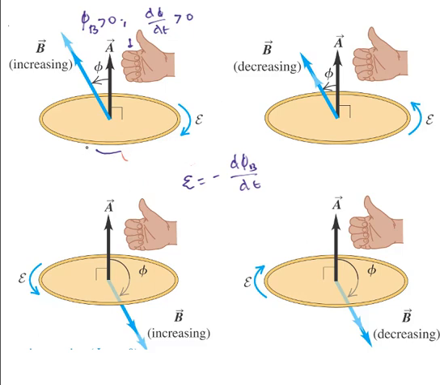So if I chose the area vector down, a pure choice, then if I curled my fingers around, this direction would be the positive direction for going around the loop. Now with the area vector down here, the angle between these guys is more than 90 degrees, and so the flux is going to be negative.